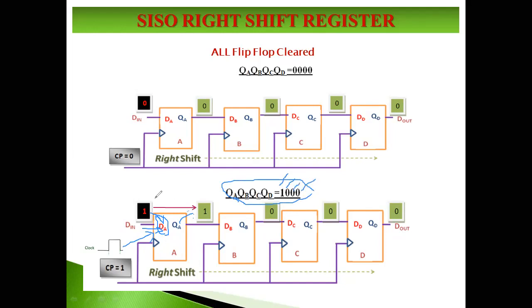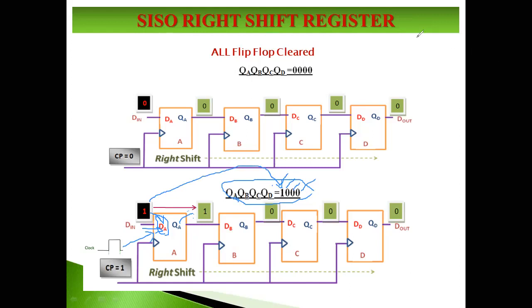So the data input we sent for the first clock pulse changes your QA to 1. The first clock pulse is over.